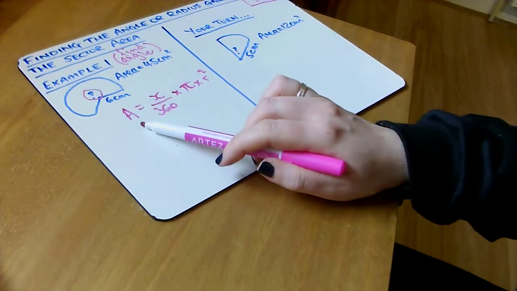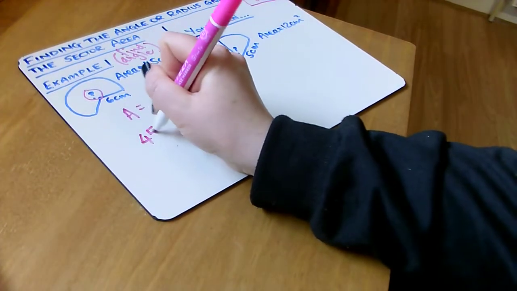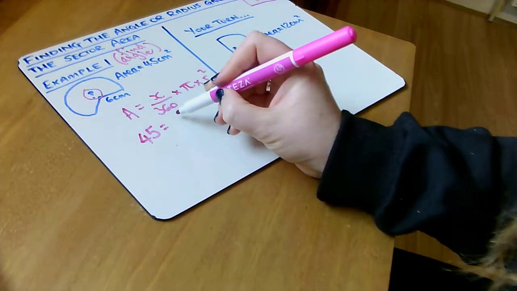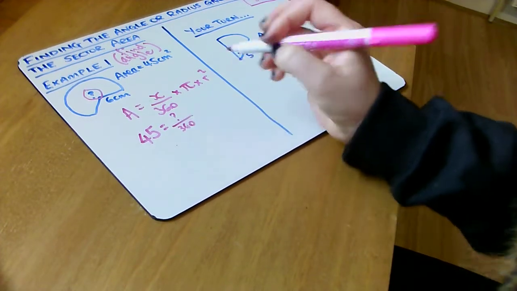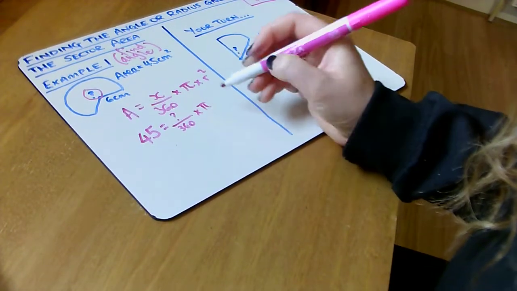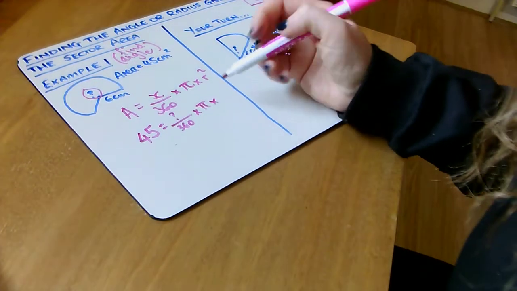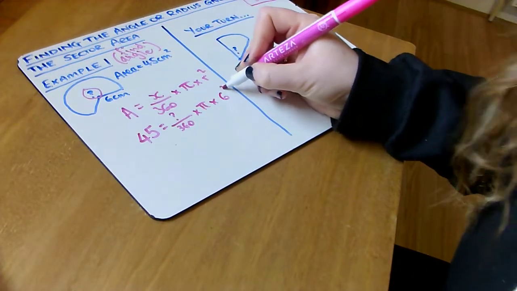So I know that the area is 45 square centimetres. I don't know the angle, so I can keep that as x or I can keep it as a question mark. And I'm multiplying it by pi and also by the radius squared. And I know that the radius is 6 centimetres.